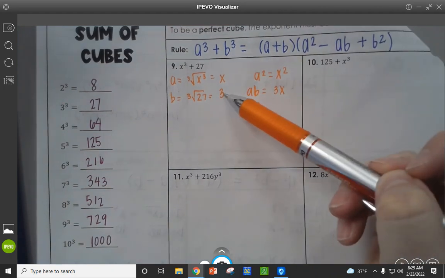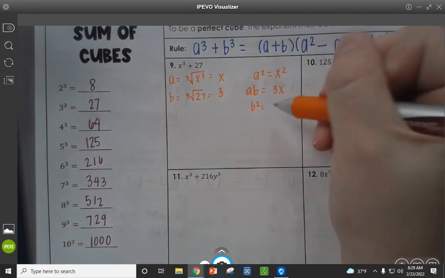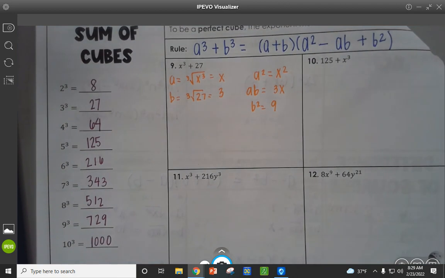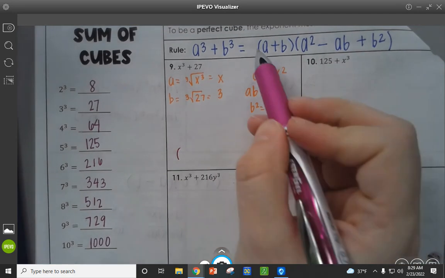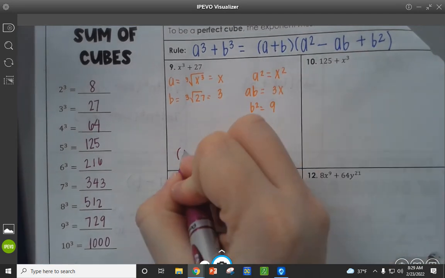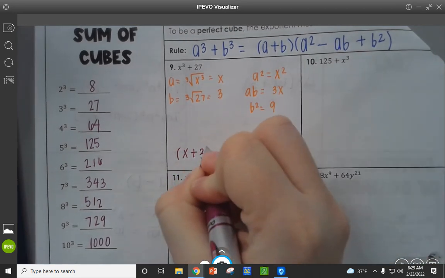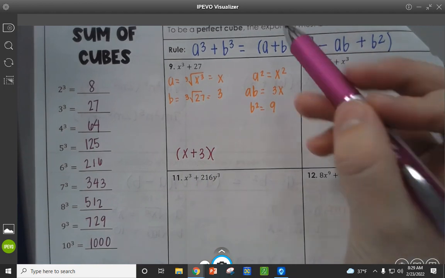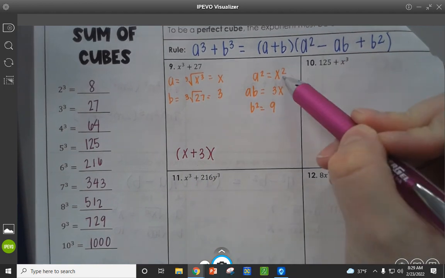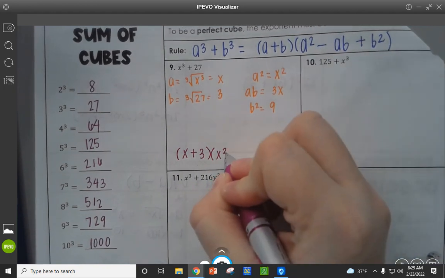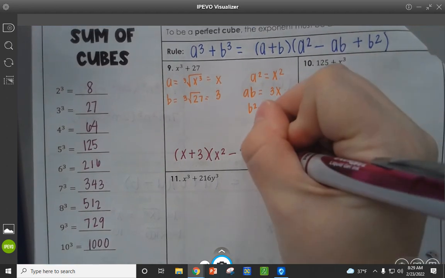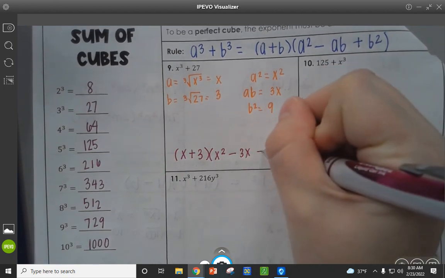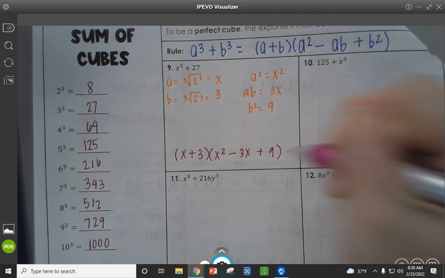So 3 squared would be 9. And let's see. We've got A plus B, so x plus 3. And then my A squared, which is x squared, minus AB, which is 3x, plus B squared, which is 9.